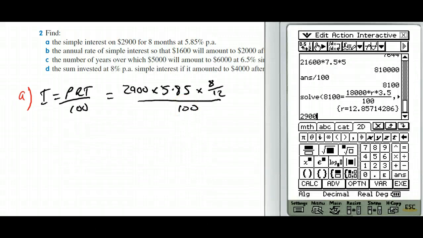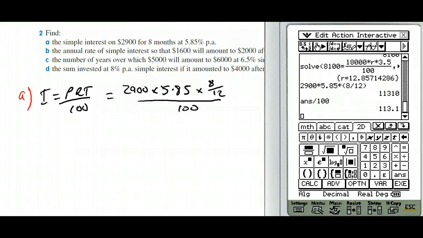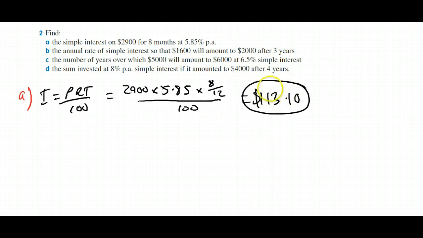So 2,900 times 5.85 times 8, put this in brackets, 8 over 12, and divided by 100, we get 113.1. So that's the simple interest.